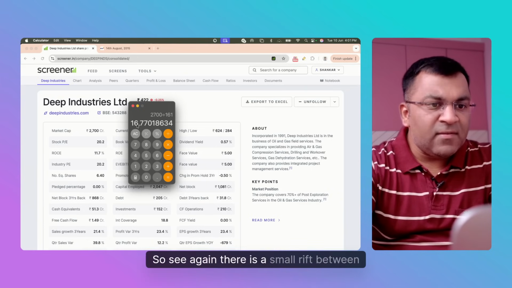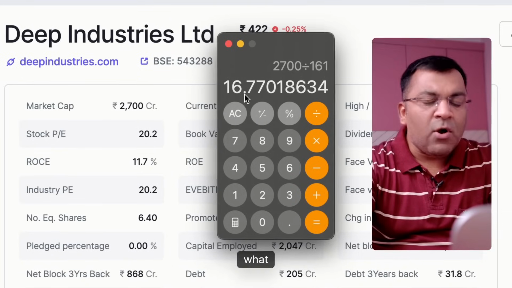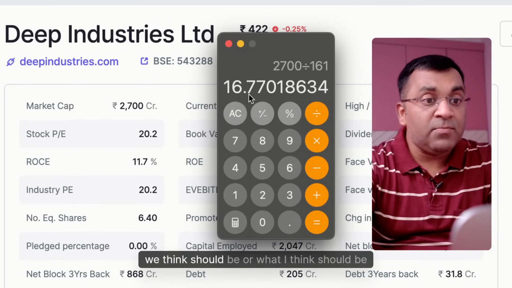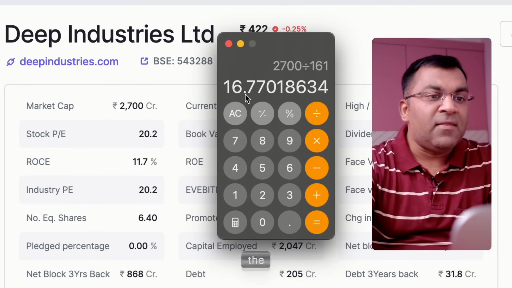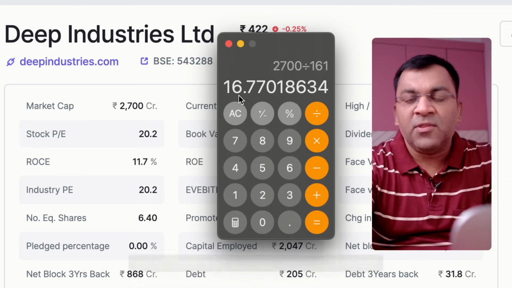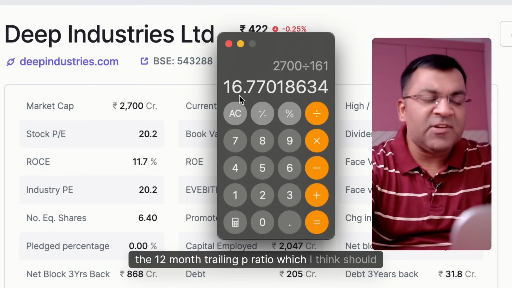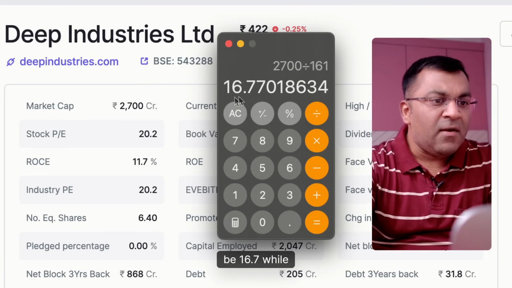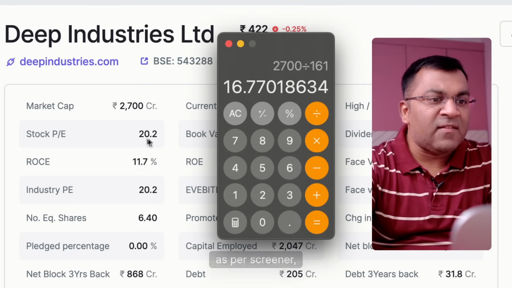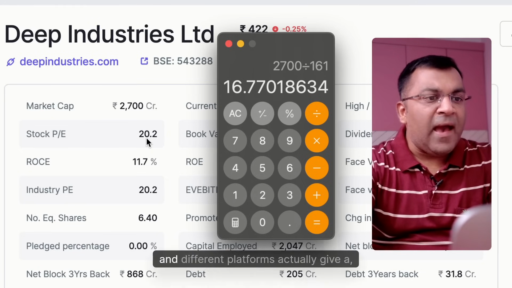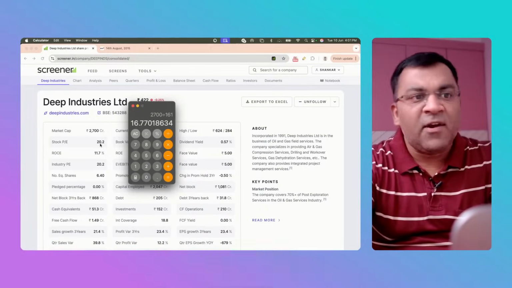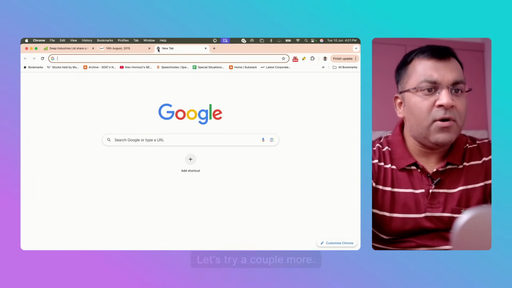So again, there is a small rift between what I think should be the actual P/E ratio, the 12-month trailing P/E, which should be 16.7, while as per Screener, it's coming to 20.2. And different platforms actually give different numbers. Let's try a couple more.